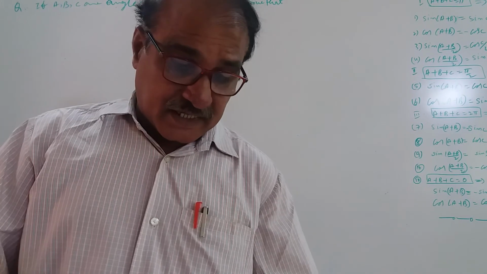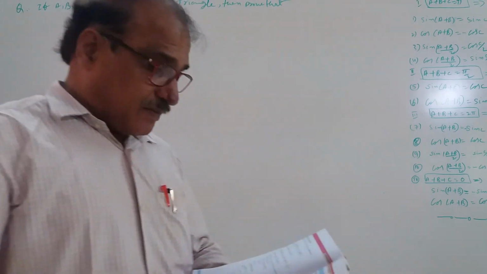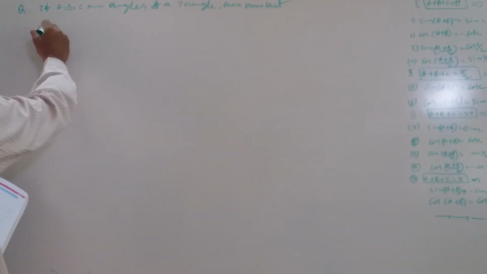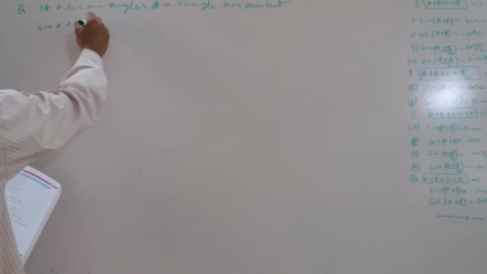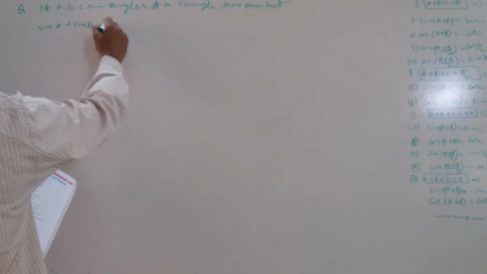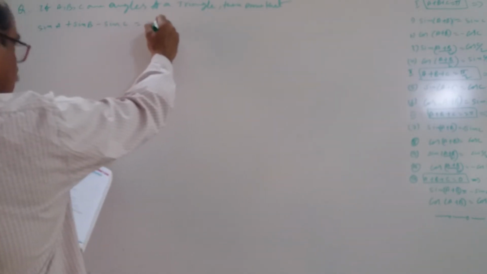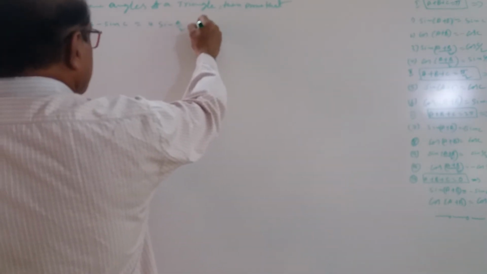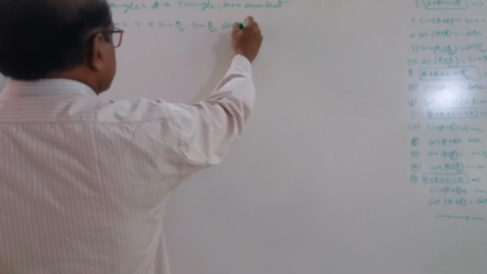Now we take another problem, second Roman, first one. If A, B, C are the angles in a triangle, then prove that sin A plus sin B minus sin C is equal to 4 sin A by 2 sin B by 2 cos C by 2.